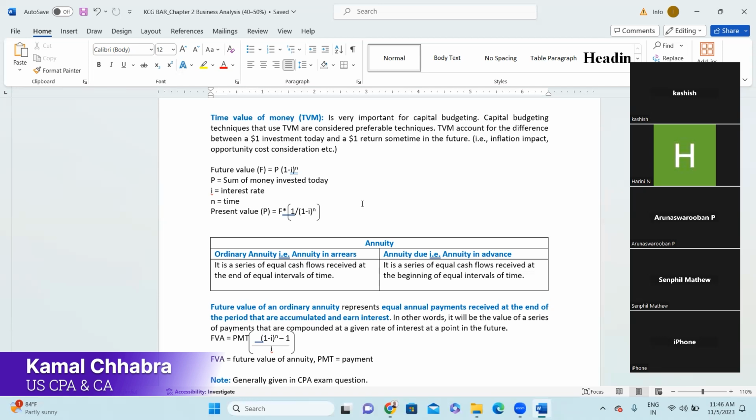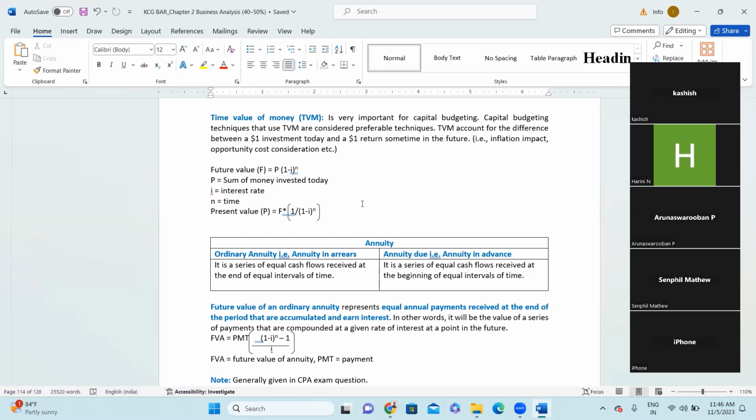I'm sure some of you might have heard from your parents that this land was worth this much 10, 15 or 20 years ago, but now it's in crores and crores. So what is changing is the time value of money. The value of money is decreasing period over period, right? Make sense?